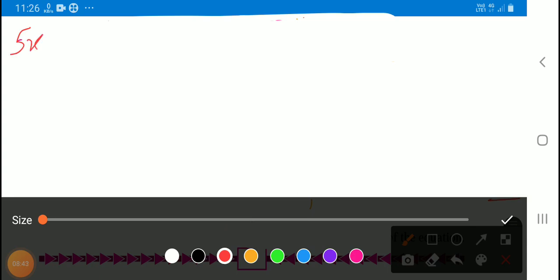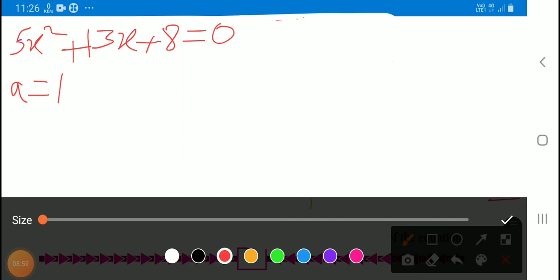5x square plus 13x plus 8 is equal to 0. Now here value of a is 1, directly I will write, b is 13 and c's value is 8.